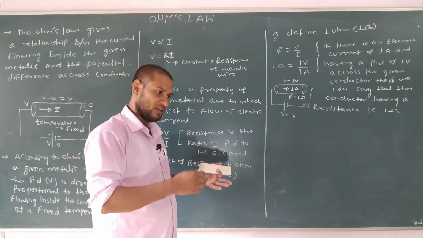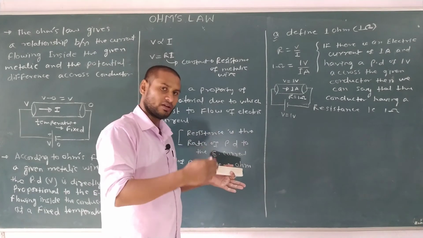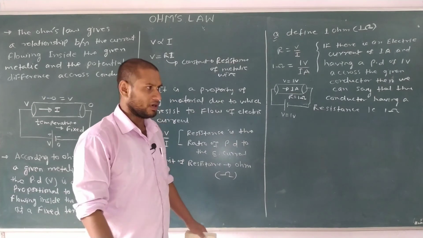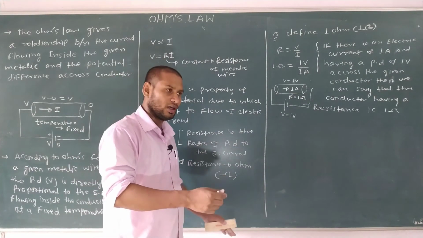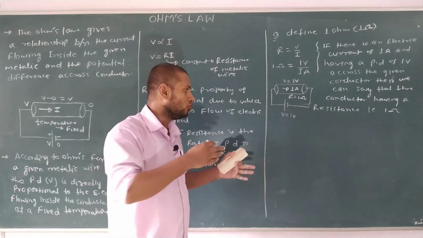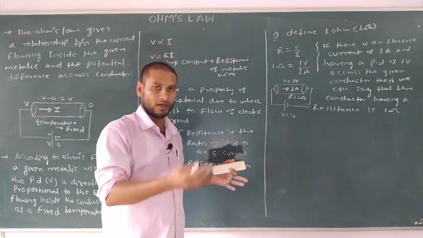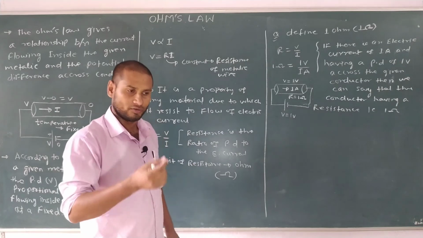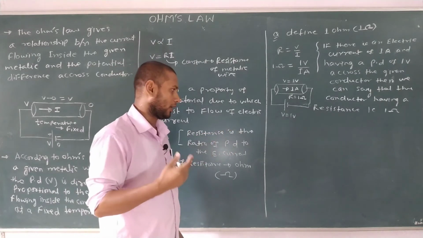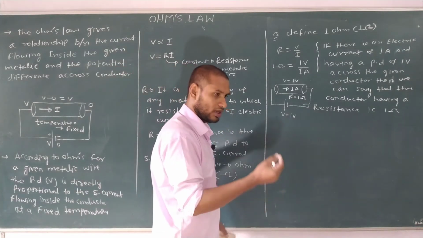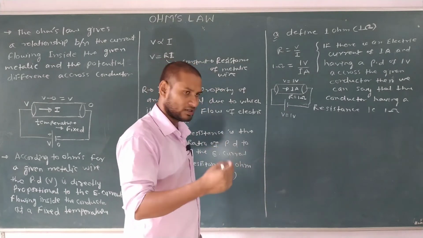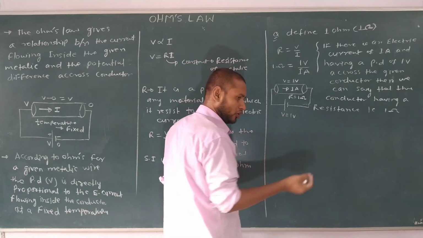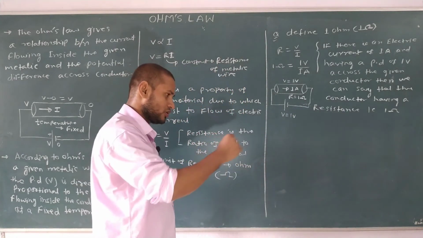If you apply a potential difference across the conductor, the free electrons move through it. But they are not completely free to move inside the conductor, because there is a force of attraction by the atoms through which the electrons are flowing. So there is a characteristic called resistance inside the conductor. Resistance is a property of any material due to which it opposes the flow of electric current.